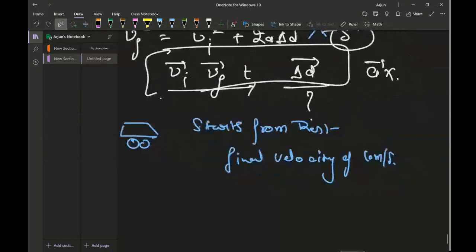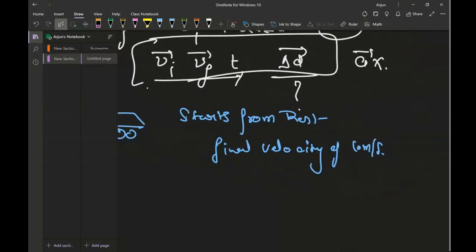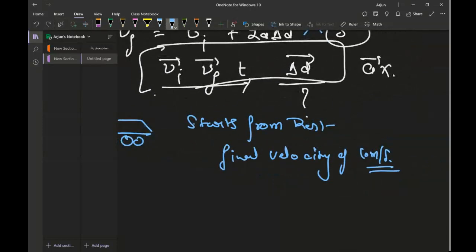This is given to me, and to accelerate to 10 meters per second, it takes 3 seconds. For the sake of simple calculation, I'll keep it as 2 seconds. From rest to 10 meters per second, it takes 2 seconds. I wanted to find out what the acceleration of that car is. That's what I wanted to find out.